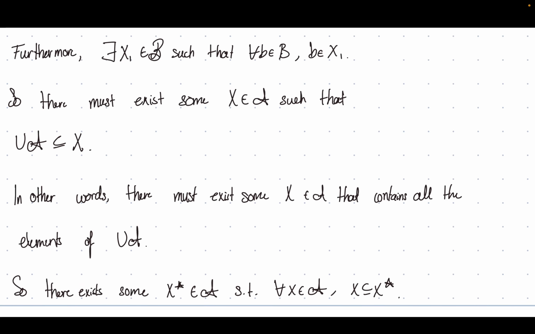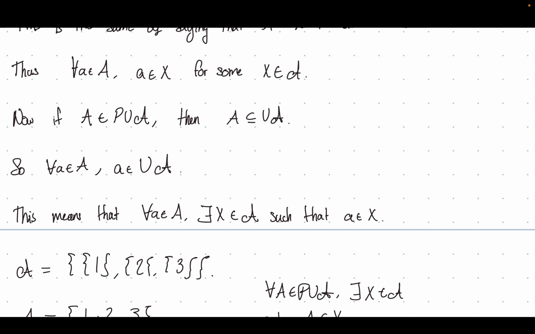All right, recap part two. The condition that we found is, and I'm going to write this in pink, why not: for all A in the power set of the union of script A, there exists some x in script A such that A is a subset of X. That's our condition.